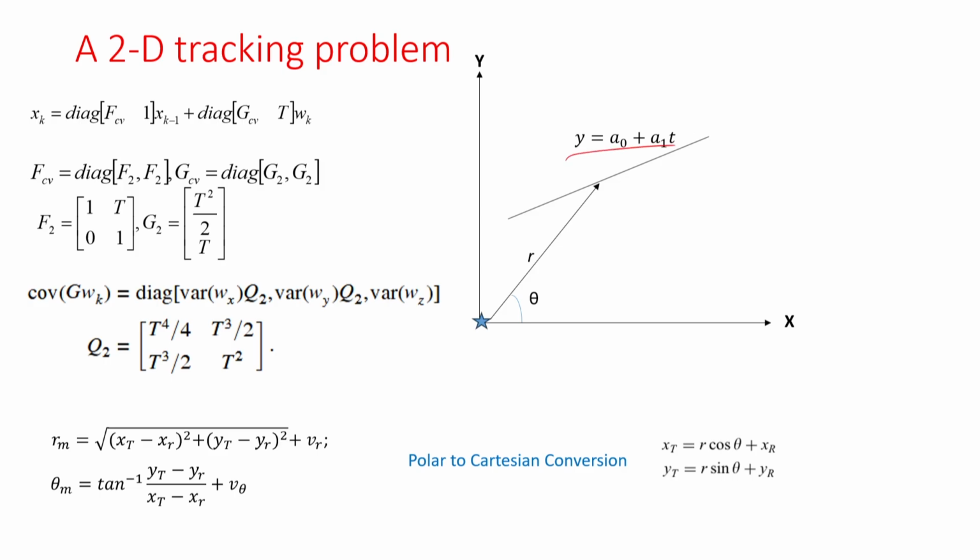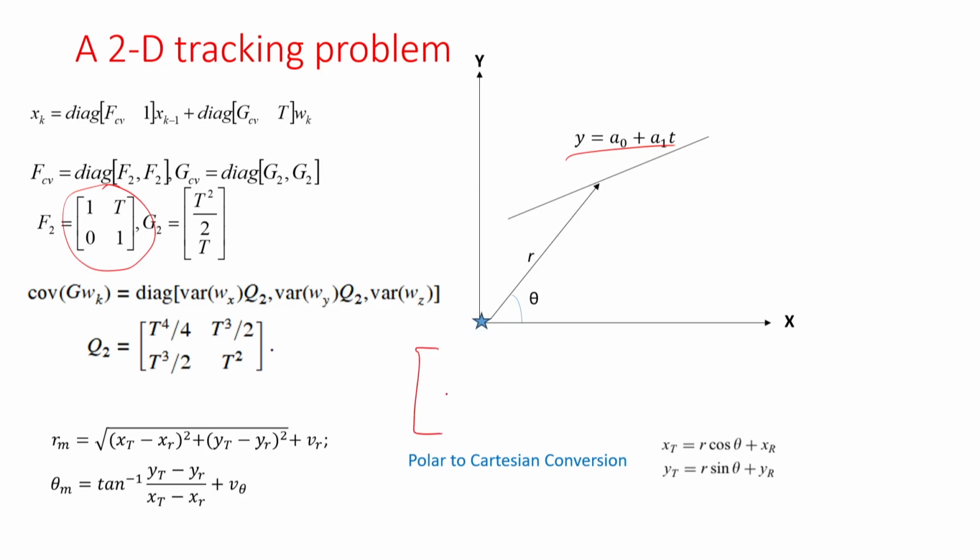So, A0 plus A1t, and we already derived all this equation previously. That means my target has a two-state first order filter: one is your position, one is your velocity. So, two states, position and velocity. You know that x and y are related to x, x dot and y, y dot by [1 t; 0 1].